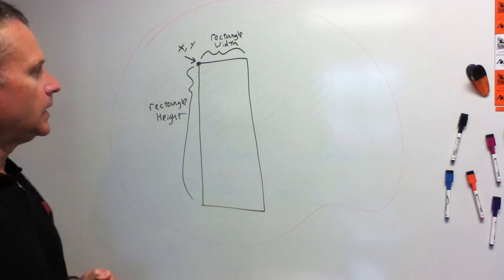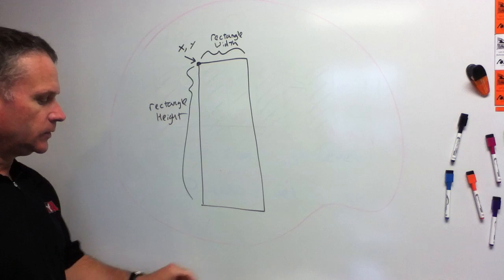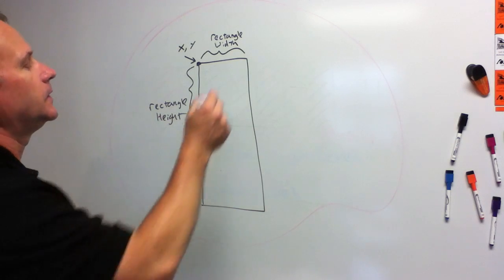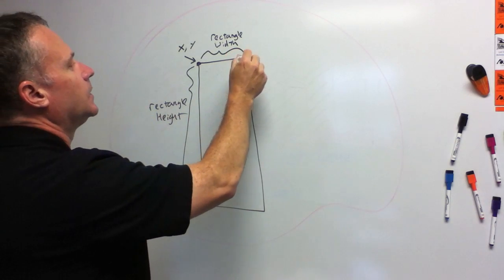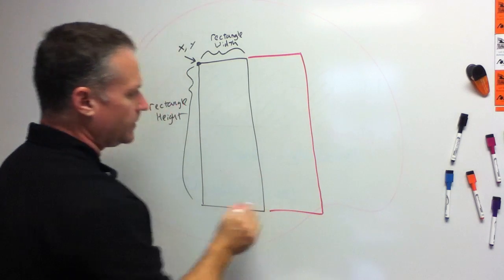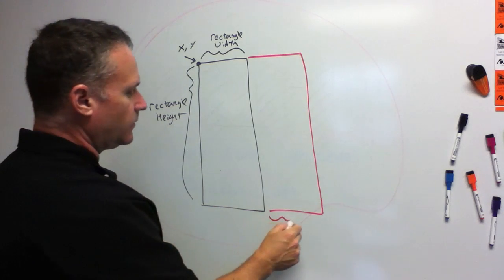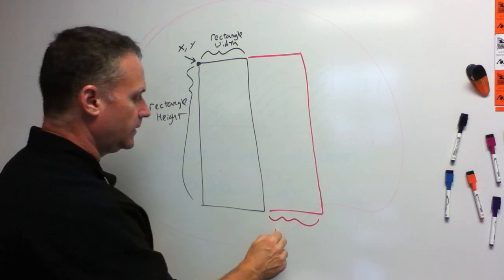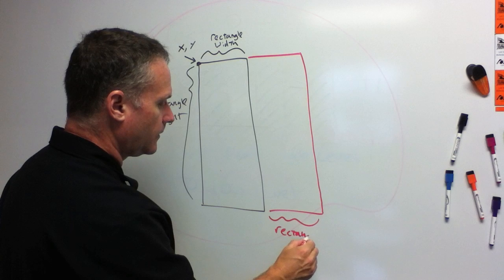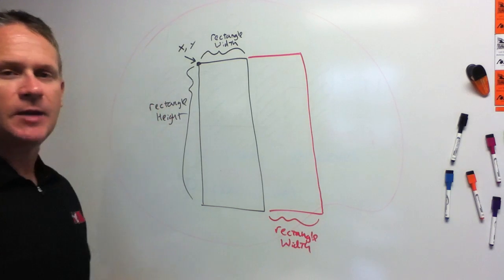Then if I'm going to draw one more rectangle to the right of that one, what's going to change? Well, it was pretty clear from the pictures and the problem description that the width of the next rectangle that we're drawing is the same as the first one.